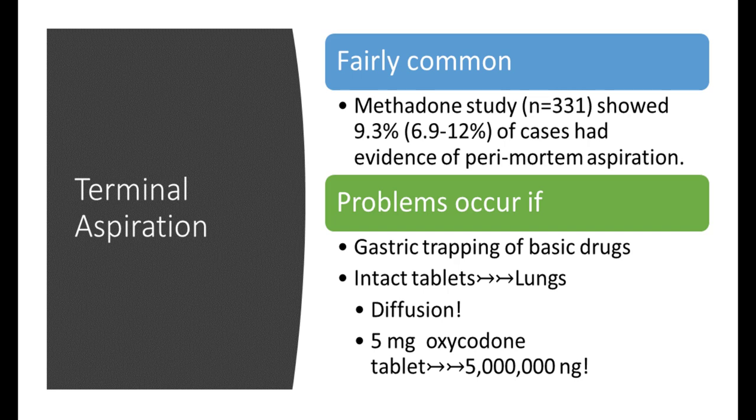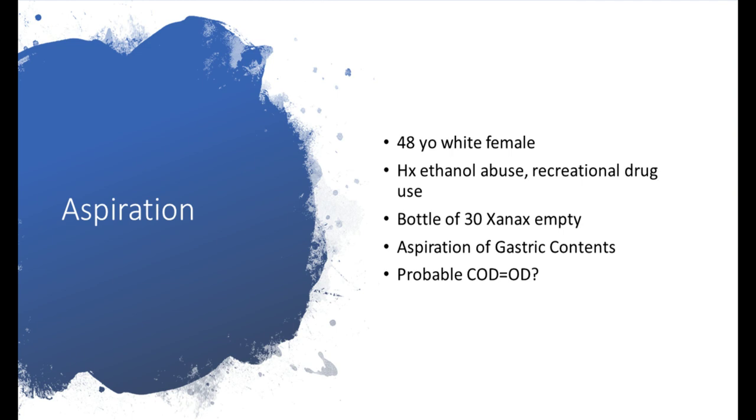Problems can occur if there are intact tablets in the stomach at the time that this happens, because you can also get gastric trapping of basic drugs in the stomach contents. But if you have an intact tablet, you could get 5,000 nanograms of drug delivered in a nice, neat package to the lungs, and then it will diffuse from there, which will drastically increase the concentration of drugs in the central specimens.